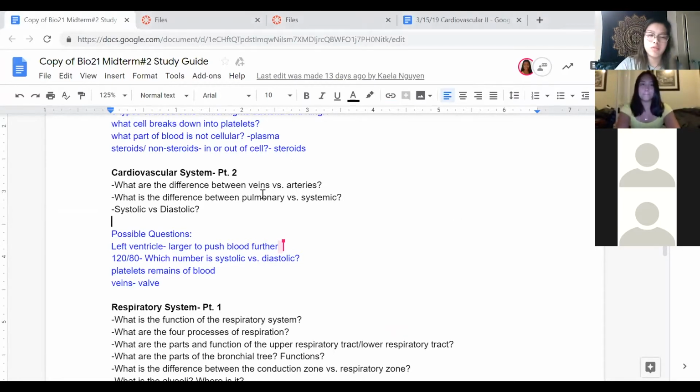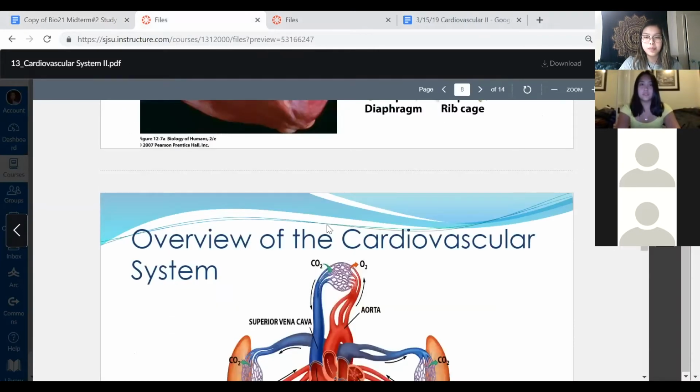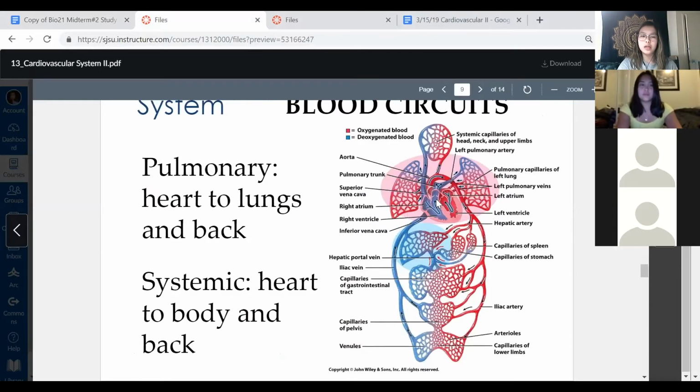The first system is the pulmonary system, which carries blood from your heart to your lungs. The systemic carries the blood from the heart to the rest of your body and back. So pulmonary means your lungs and systemic means your body.